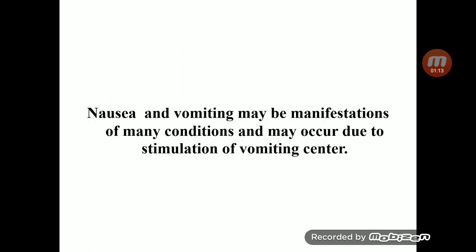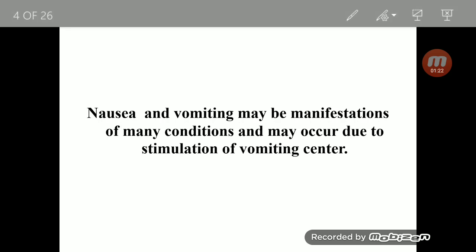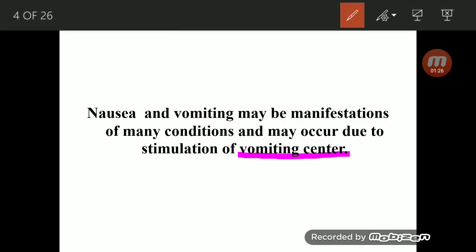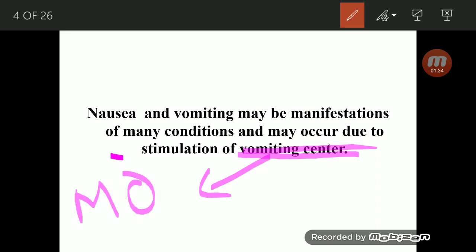Normally nausea and vomiting occur due to many conditions, and one of the most common is stimulation of your vomiting center. This vomiting center is present in the medulla oblongata of your brain.